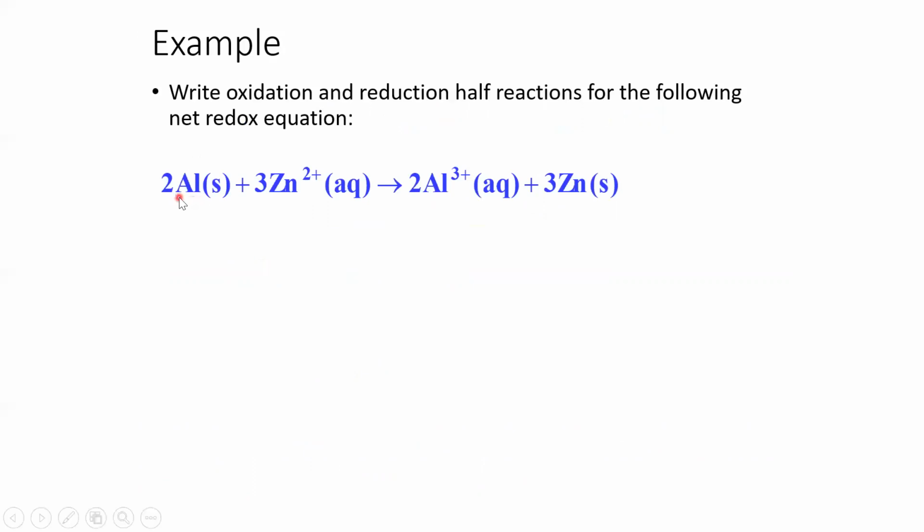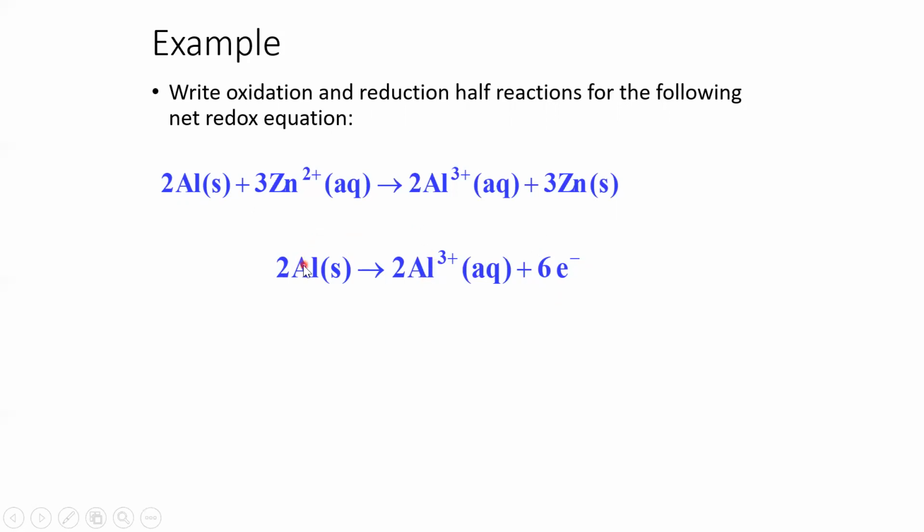So if we look at aluminum, aluminum is going from a 0 to a +3. Aluminum is being oxidized. It's losing electrons. Now, in this balanced equation, we have 2 aluminum atoms here and 2 aluminum ions here. Each aluminum atom is losing 3 electrons to go from a 0 to a +3.